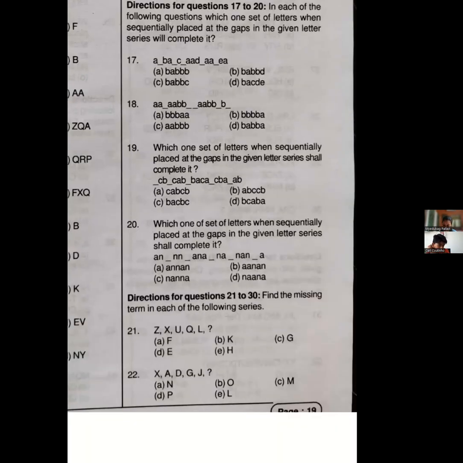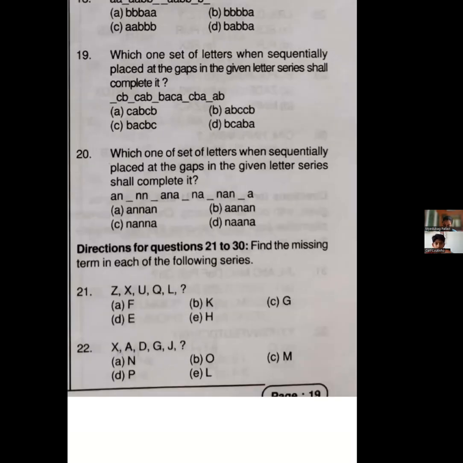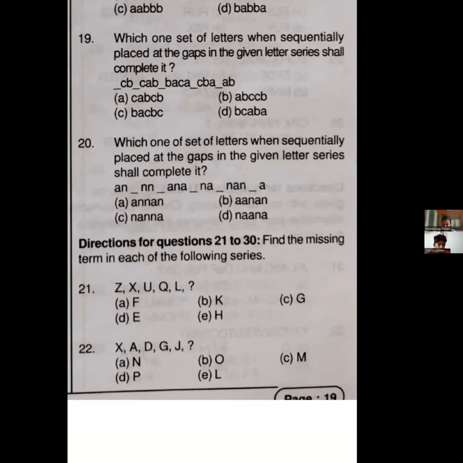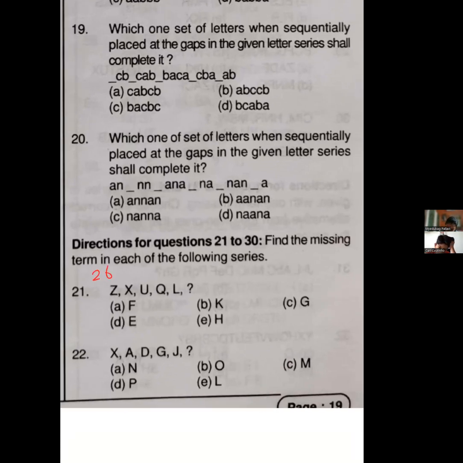Chalo, the next. It's the same type of series again, the 21st question. A single series is there. It will not be that tough. Z is 26, then X 24, U 21, Q will be 17, L will be 12.